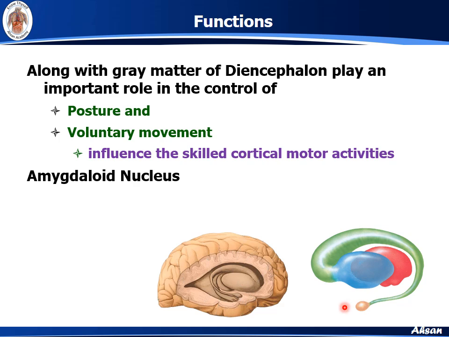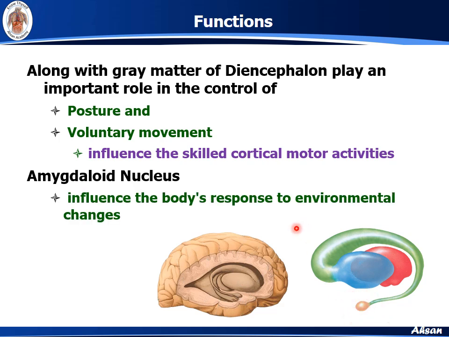The amygdaloid nucleus has some different functions. It is very related to emotional change and body response to environmental change, and it is influenced by various factors that affect the human internal environment.